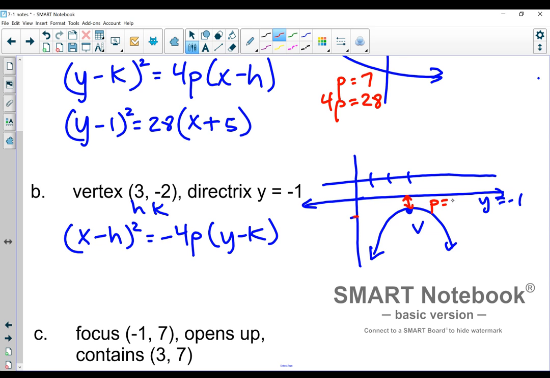So p is equal to 1. That means 4p is equal to 4. So in my equation, I will write down the quantity (x minus h) squared. Oh, not x minus h anymore. We have to substitute. So h is 3. (x minus 3) squared equals -4 times (y plus 2).